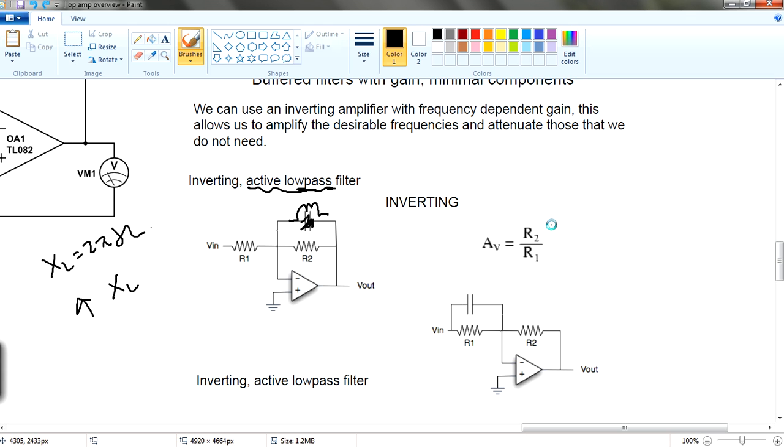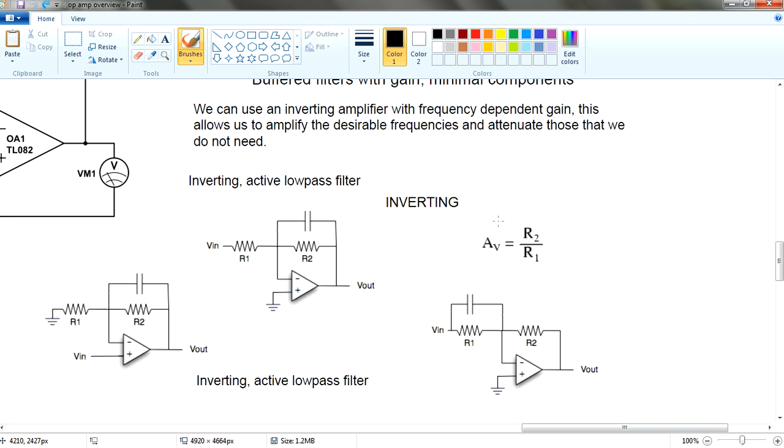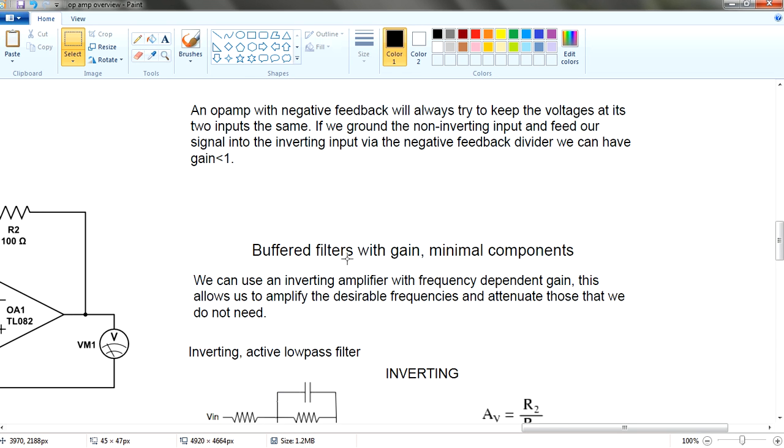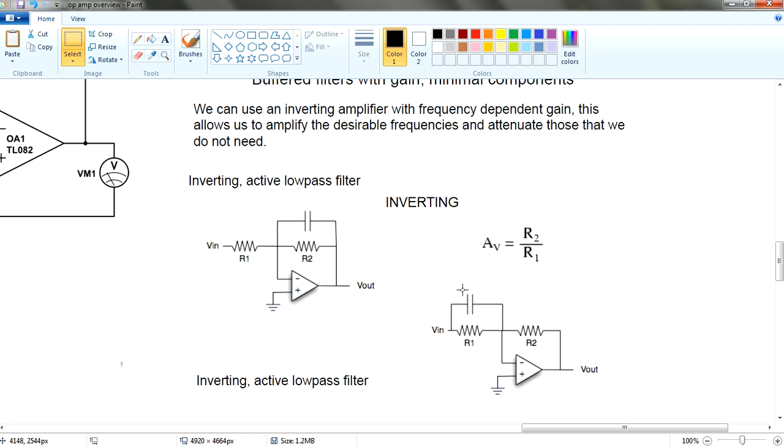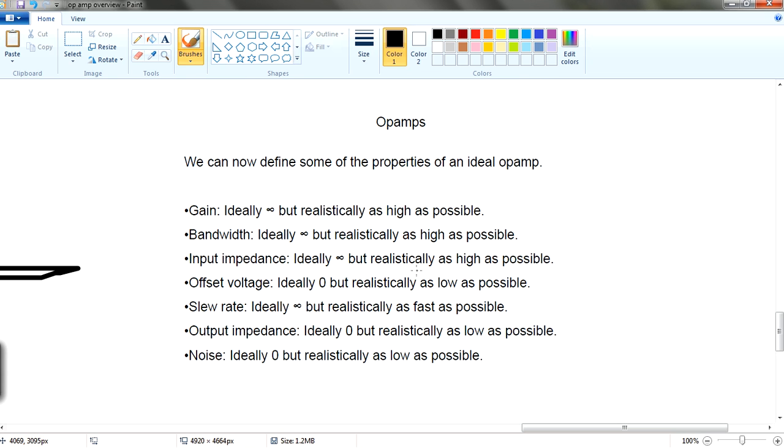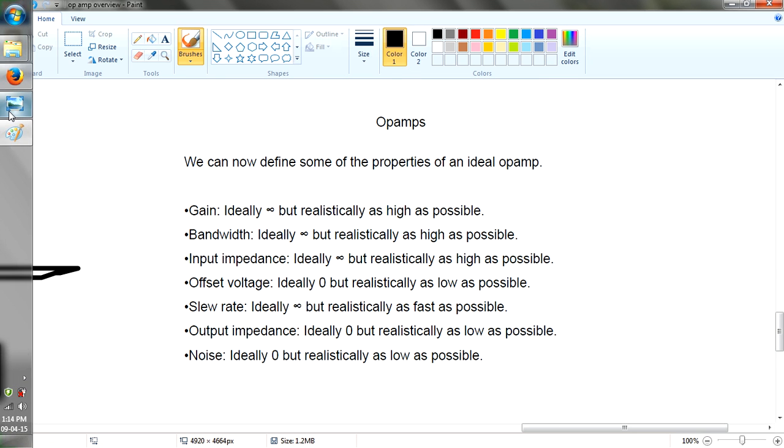This is the reason why you need to use inverting rather than non-inverting in this case, with minimum components. If you want minimum components, you can use this system. This is for low pass, with a capacitor. For high pass, you change to an inductor.